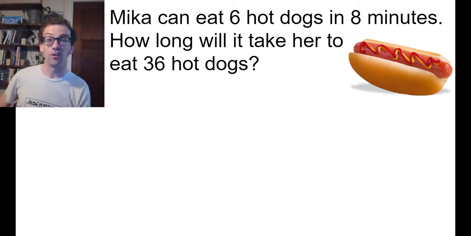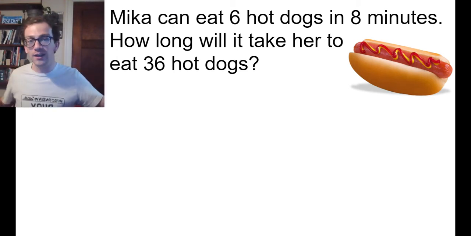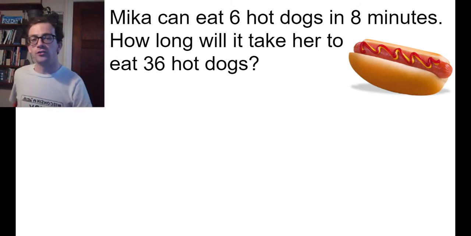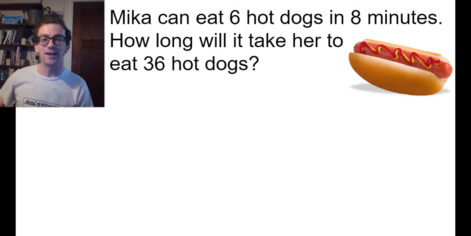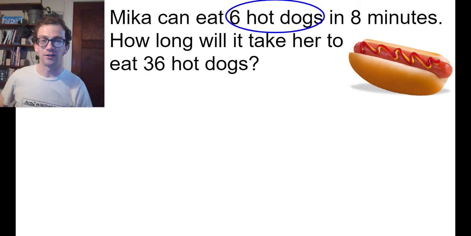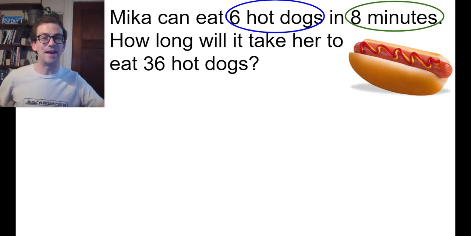We're going to set up and solve a proportion for this. But before we even get into that, let's take a closer look at the word problem and pay attention to the important information to ask ourselves, what is being compared? Well, in that first sentence, I know that we're comparing how many hot dogs she can eat in the number of minutes. So 6 hot dogs in 8 minutes.